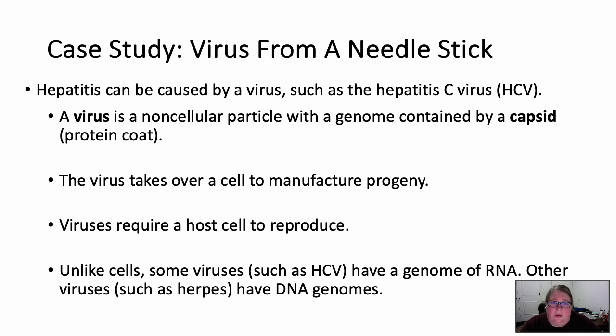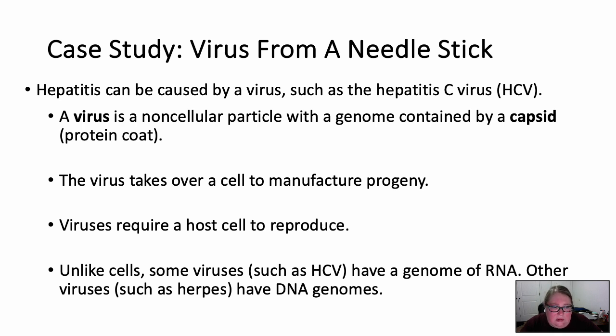We're going to get into the living versus non-living question. One of the reasons viruses are mostly accepted as non-living is that they can't reproduce new viruses on their own. They have to use a host cell. A virus takes over the host cell to use the cellular machinery of the host to make new viral particles.